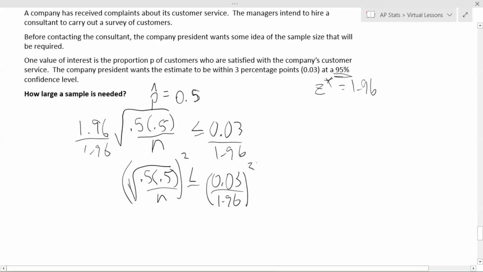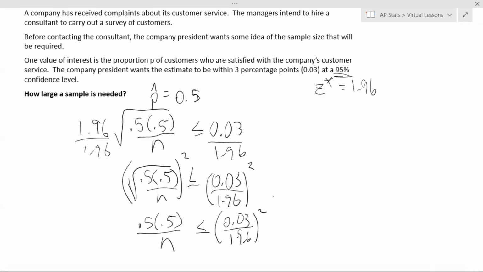I'm not simplifying anything because we can type this all into the calculator at the end and get the most accurate answer. So you have 0.5 times 0.5 all over n is less than or equal to 0.03 divided by 1.96, quantity squared.